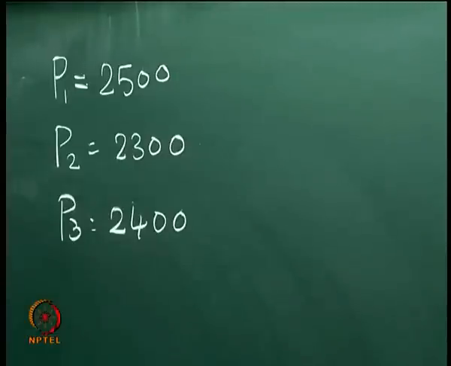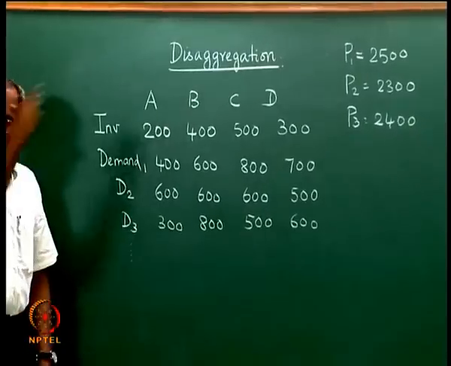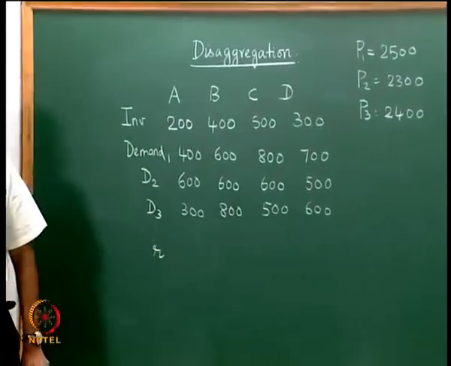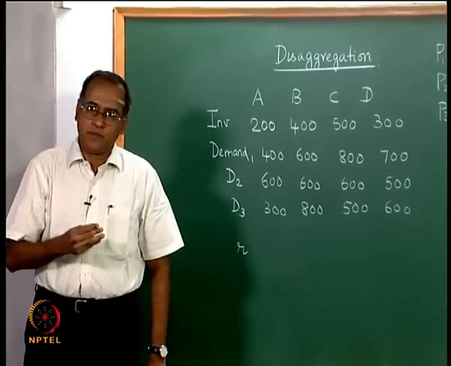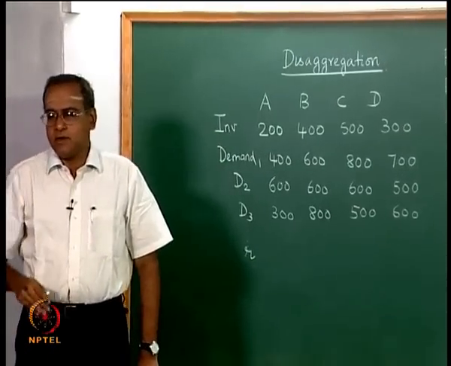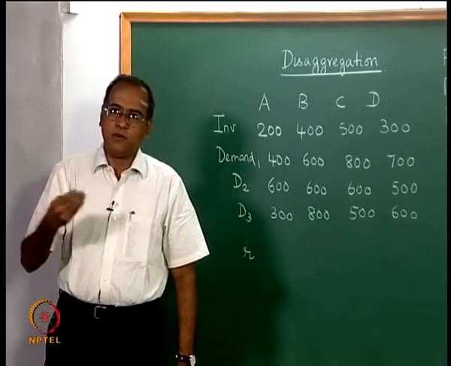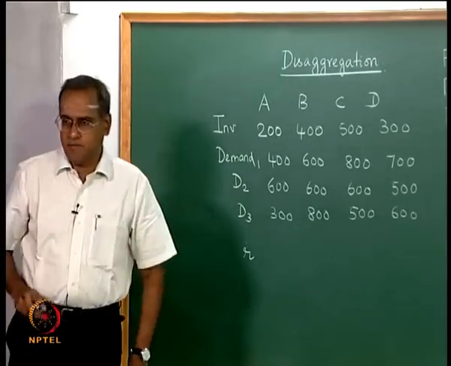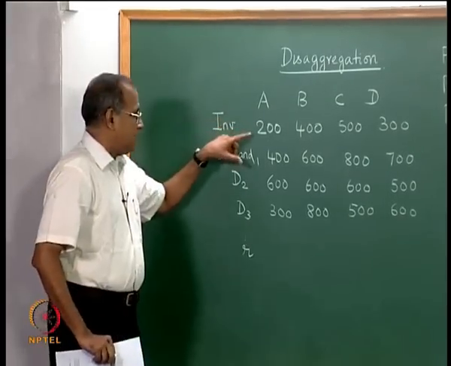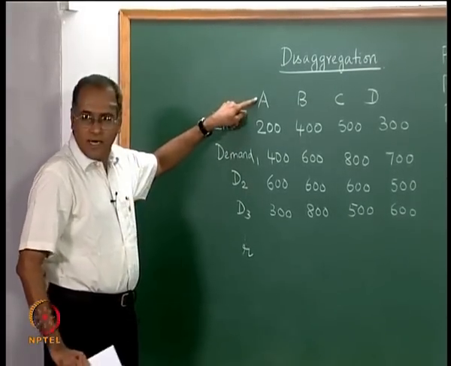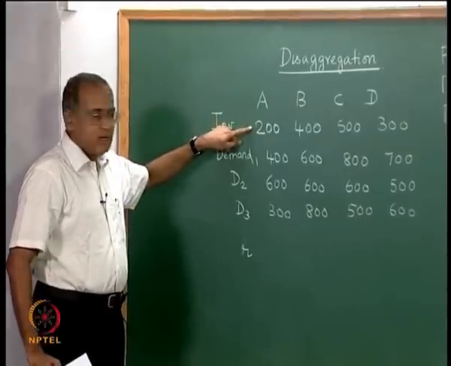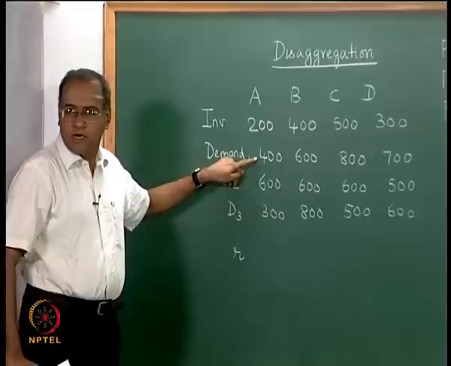Now, the first thing that we did in the earlier example was to calculate this R. R is the period up to which we need not produce and use the existing inventory to meet the demand of the item. For example, for product A or item A, the current inventory is 200 and the first month's demand is 400.